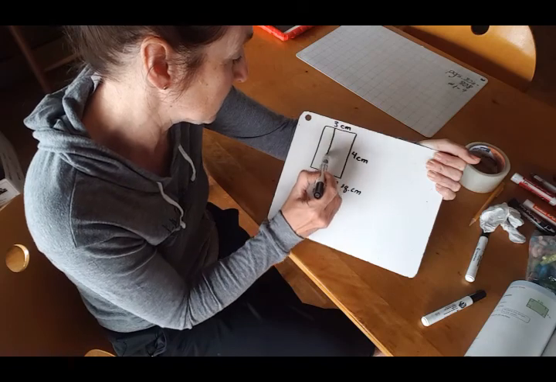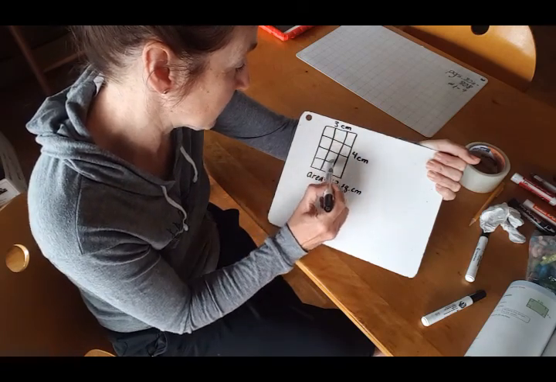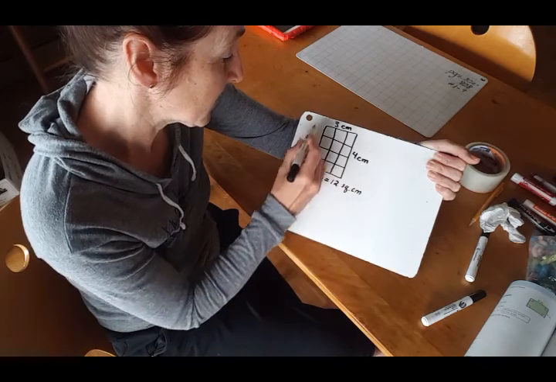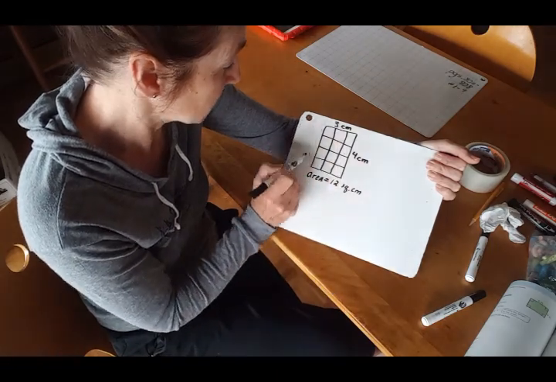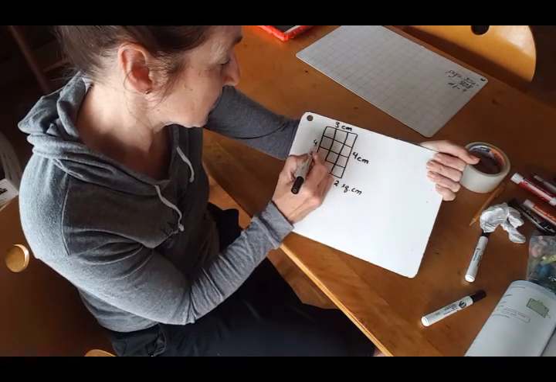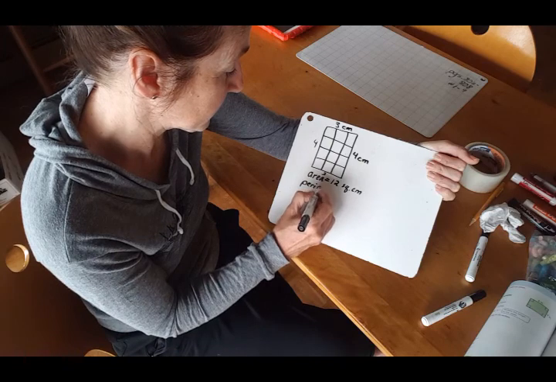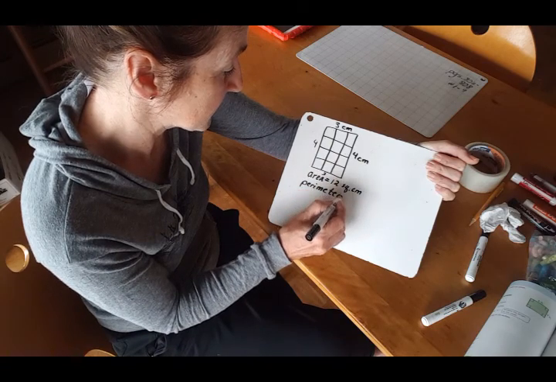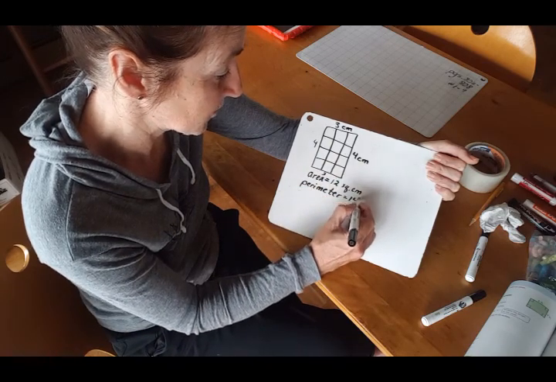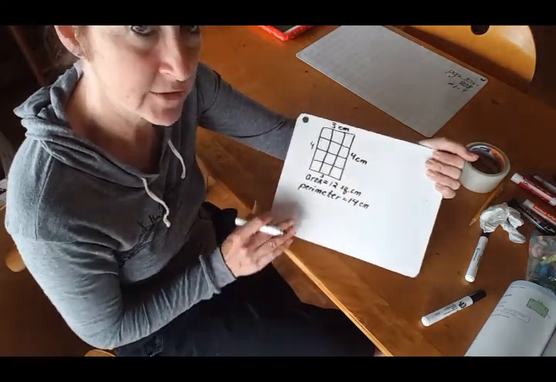And it would kind of look like this if we could see the square centimeters. The perimeter, we need to figure out, oh, we've got 4 on this side and we have 3 on this side. So 4 plus 4 is 8 and 3 plus 3 is 6. And the perimeter then is going to be 8 plus 6, which is 14, not squares, but 14 centimeters.